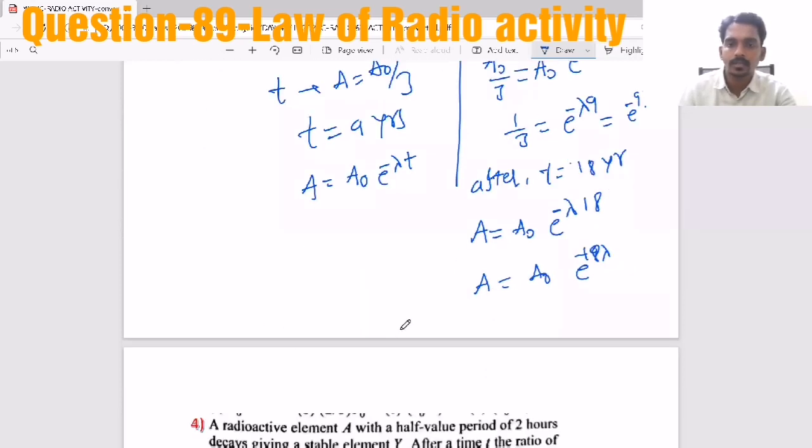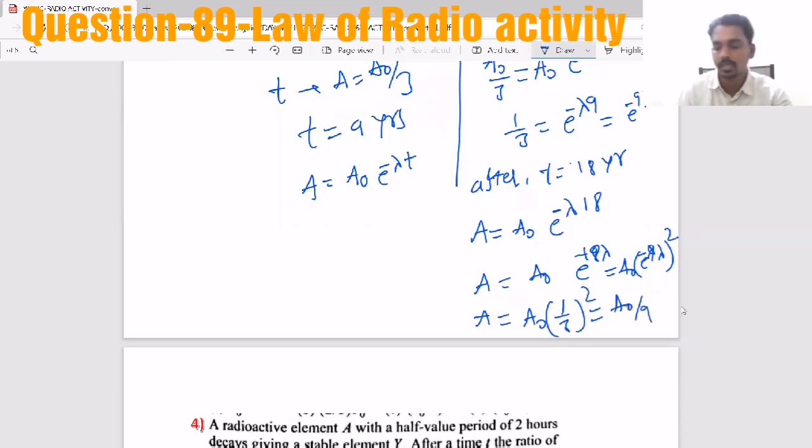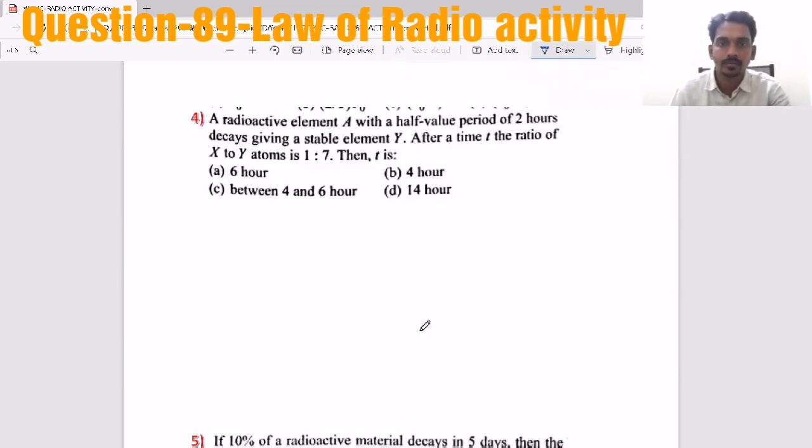This I can write as A naught into e power minus 9 lambda whole power 2, so that 18 lambda remains. So A equal to A naught into e power minus 9 lambda, which is 1 by 3, 1 by 3 whole square is A naught by 9. That means according to the question, I naught by 9. So it will become 1 by 9th of the initial value.